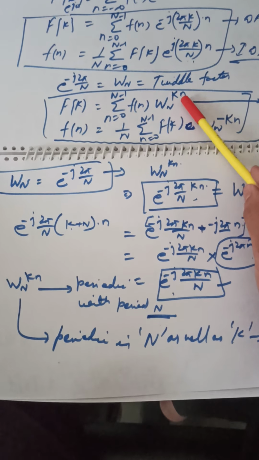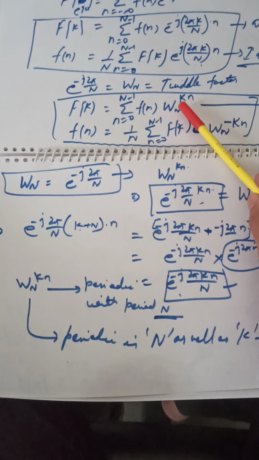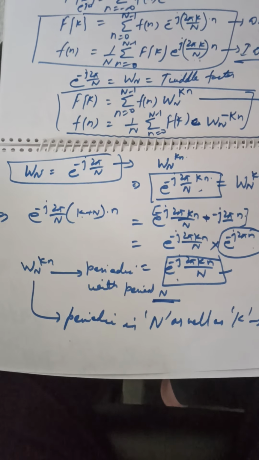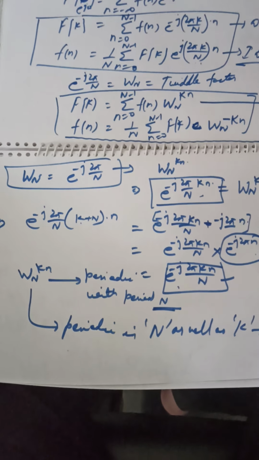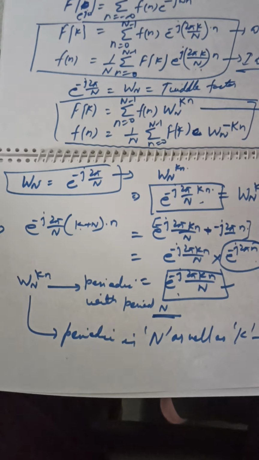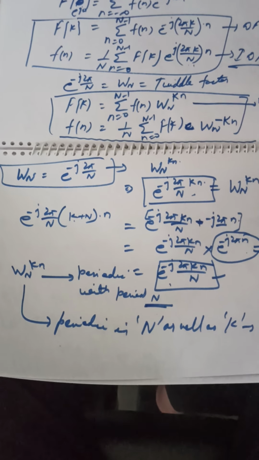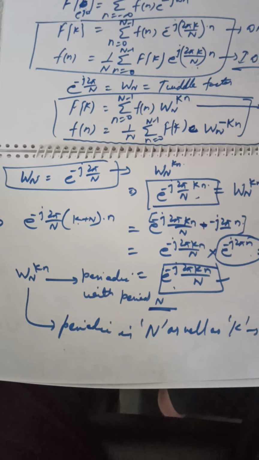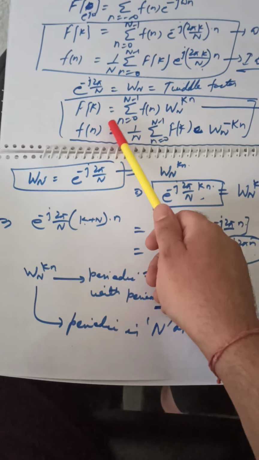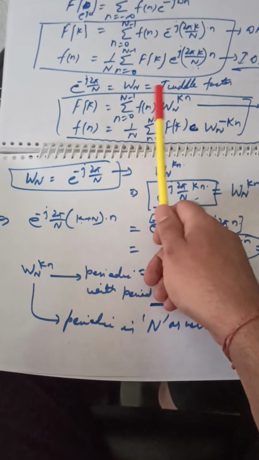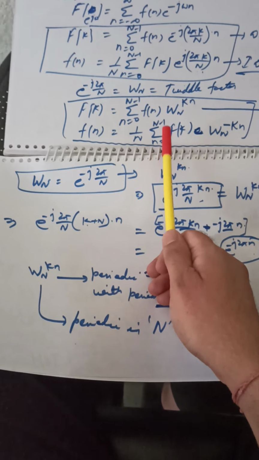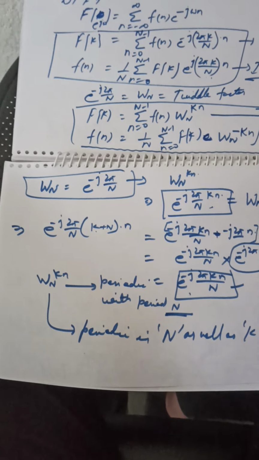K represents the discrete samples of DTFT which give us DFT, and N represents the samples in the discrete domain. So both of these domains are interlinked. That is, F of k is given by summation n equals 0 to N minus 1 f of n W_N^{kn}, and f of n is given by 1 by N summation k equals 0 to N minus 1 F of k W_N^{-kn}.